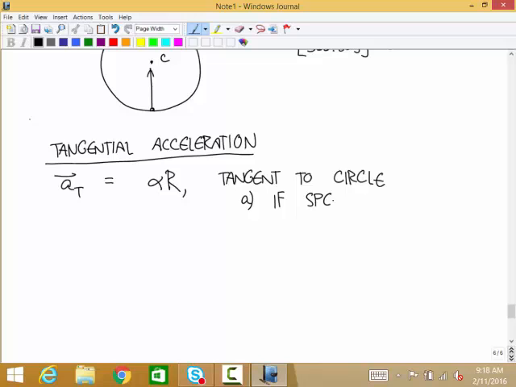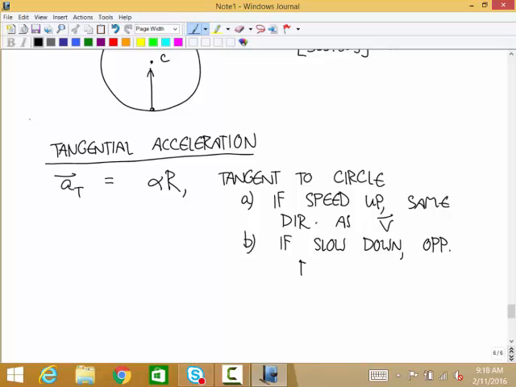If it's speeding up, you know the drill with this direction. It's in the same direction as the velocity. And if it's slowing down, it's in the opposite direction as velocity. Okay, so any questions about that?